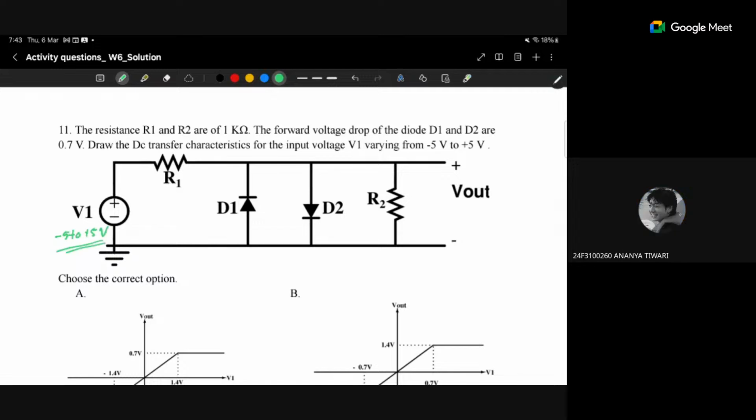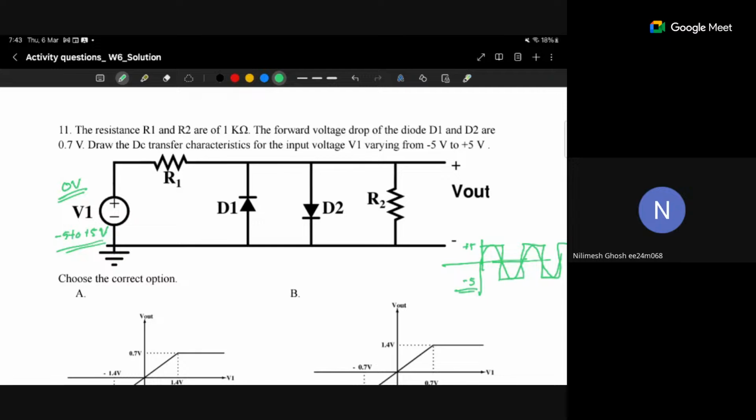Let's say we are standing at 0 volt. If the voltage waveform is there, this is plus 5, this is minus 5, or maybe this kind of thing. Whatever, we don't know what it is, but this kind of waveform is there.